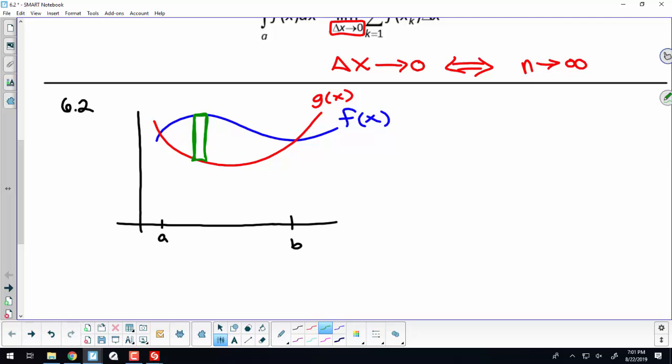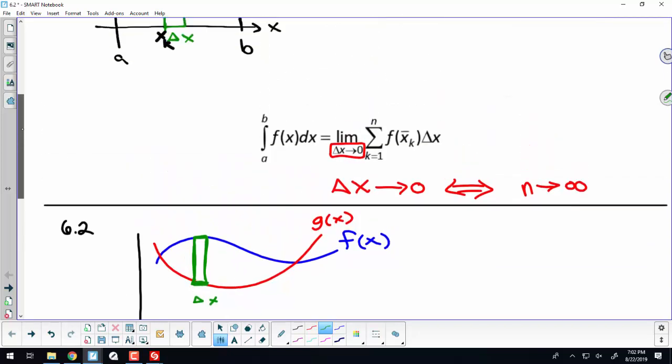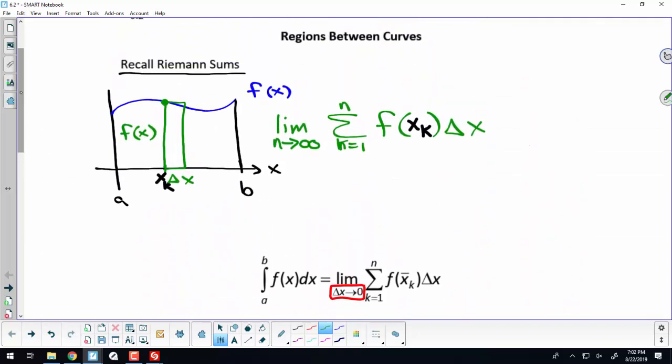So for simplicity, we're still going to call this delta x, the width of the rectangle. All of them are still going to be delta x. But this time, all we're saying is, how far off the ground, basically, is this right here?